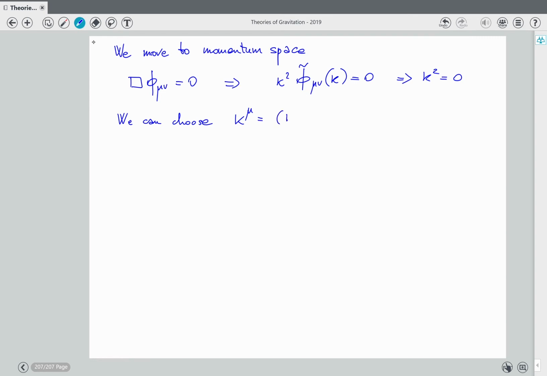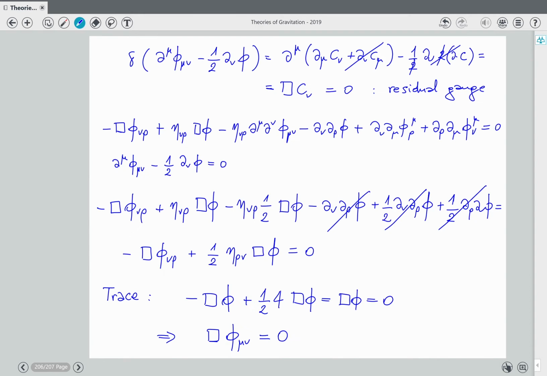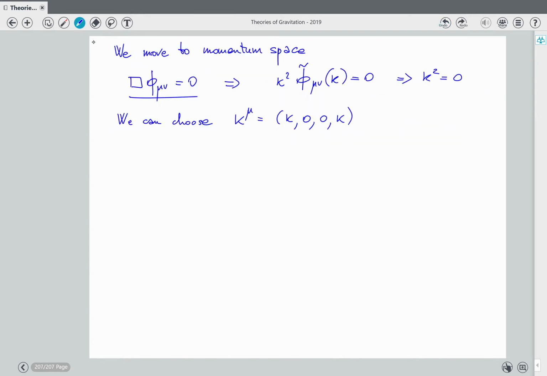We can choose what we want basically, but as long as k squared is equal to 0, we can choose two vanishing space components. And let's choose this one. So this is the equation. And remember, we also have the gauge fixing conditions. The equation we have already solved, basically, k squared equals 0, which is incorporated now in this choice.